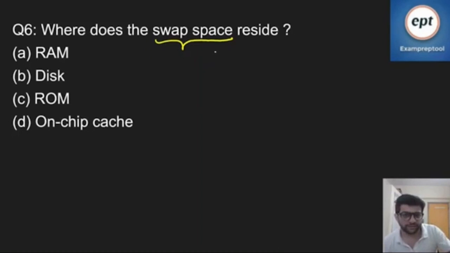Okay, so let me introduce you to swap space. So what is swap space?